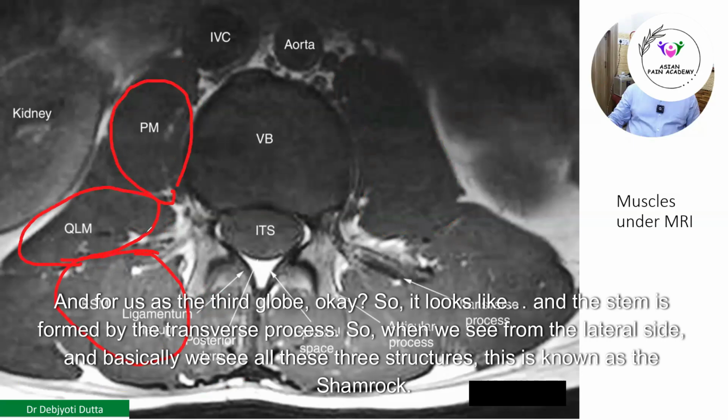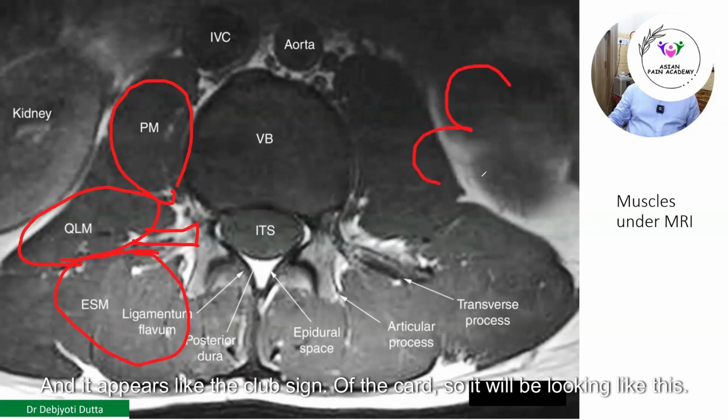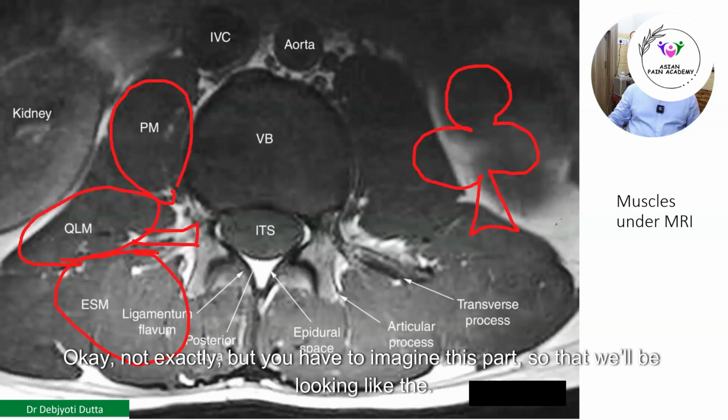Okay, and the stem is formed by the transverse process. So when we see from the lateral side all these three structures, this is known as the shamrock sign, and it appears like the club sign of the card. So it will be looking like this. Not exactly, but you have to imagine this part, so that will be looking like the club sign.